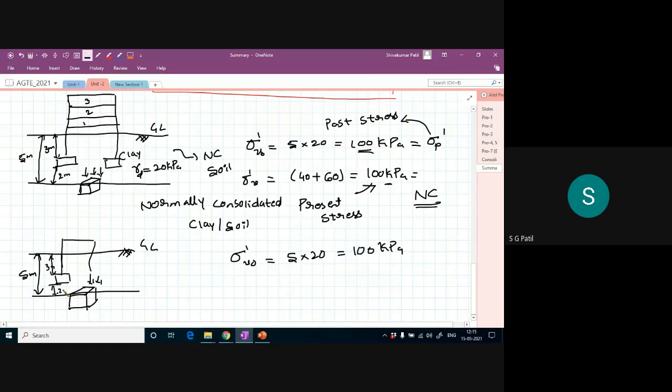What is my sigma V naught, the initial stress? 5 times 20, so that is 100 kilopascal. Now what I will do is come and build a structure here, a very small structure. Only a one-storey building I will build here.